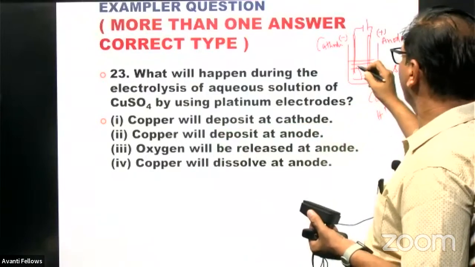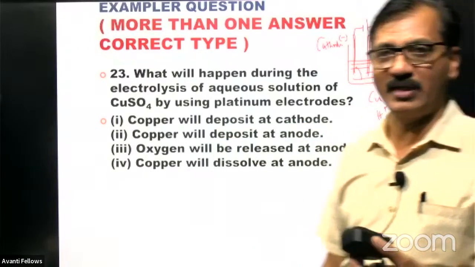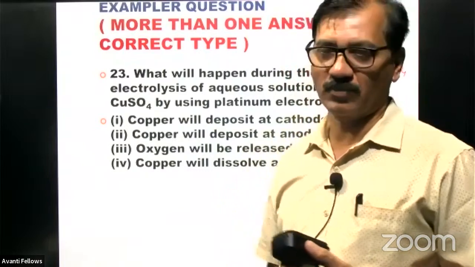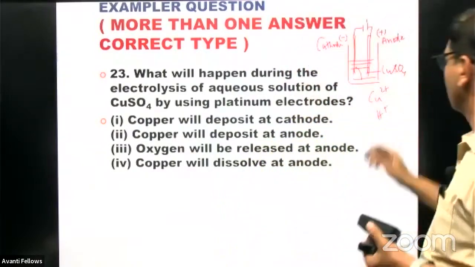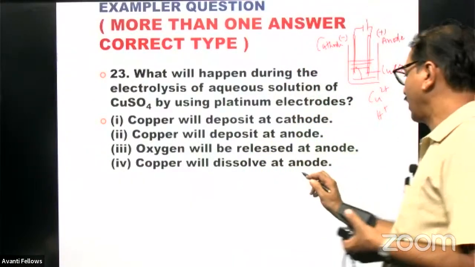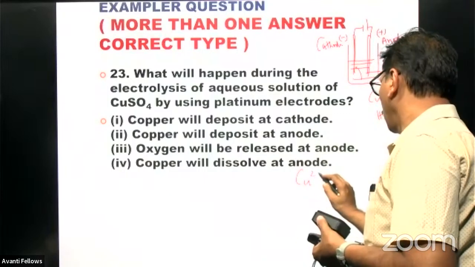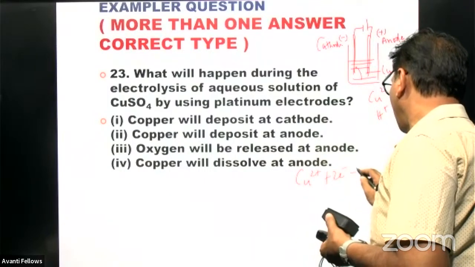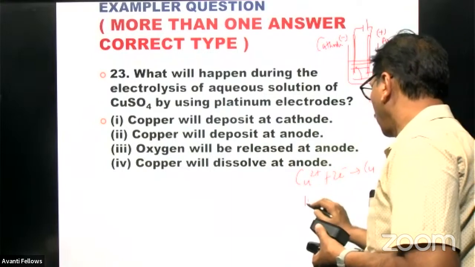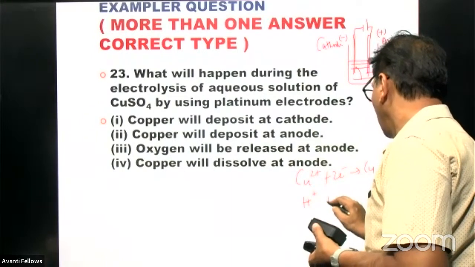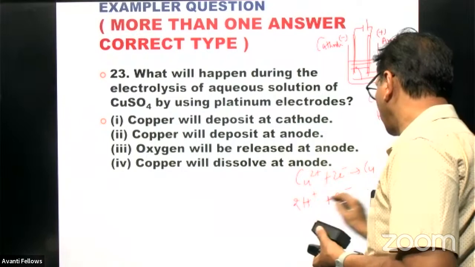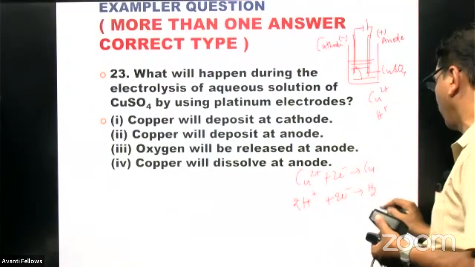Is copper deposited, or is hydrogen gas evolved? How will you find out? Cu2 plus ion plus 2 electrons gives Cu. 2 hydrogen ions taking 2 electrons give hydrogen.